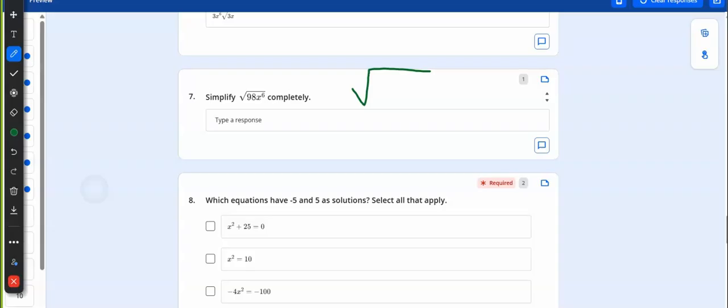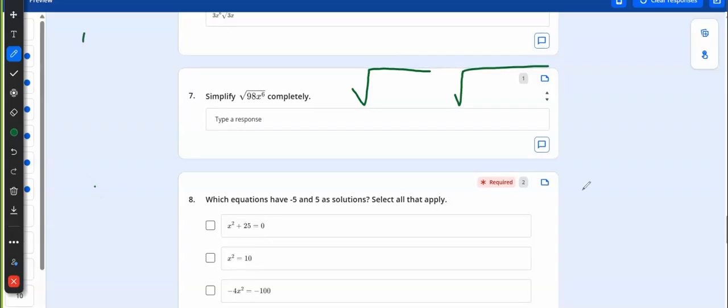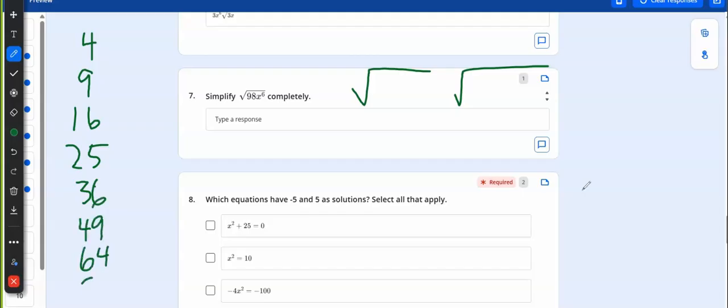Square root, square root. So in my list of numbers, what number goes into 98 perfectly? Is it 36?